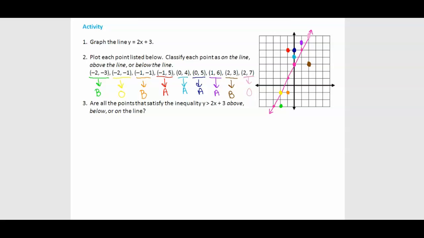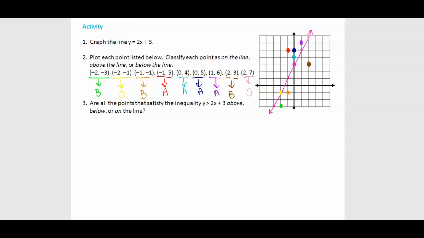Why do I care about if the points are above, below, and on? Because those points are going to represent solutions or non-solutions. So as we graph linear inequalities, we're looking for the solution set.